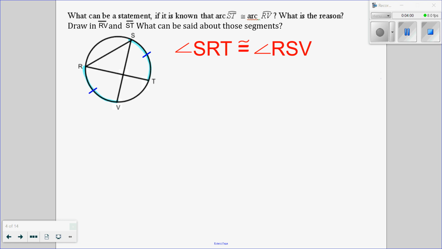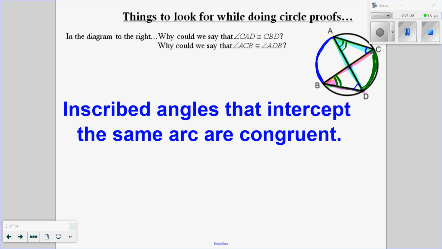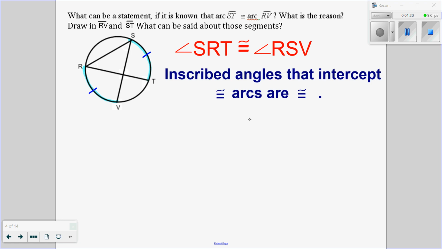This is very similar to our first fact that we wrote down: inscribed angles that intercept the same arc. These inscribed angles go to the same arc, arc AB or arc CD. Now, the two different inscribed angles intercept different arcs, but the two arcs happen to be the same measure. So we have to say inscribed angles that intercept congruent arcs are congruent.